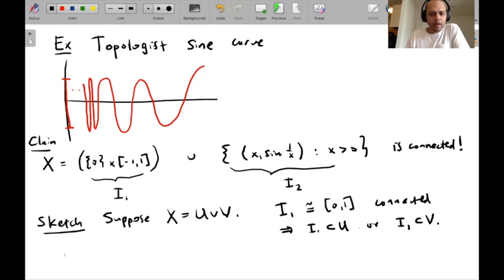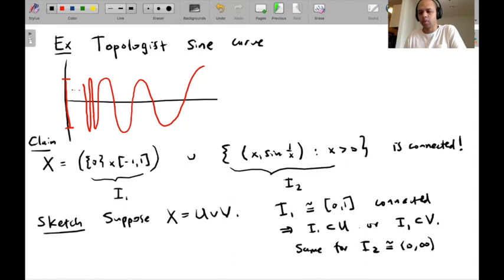But the same is true for I2. I2 is topologically equivalent to the open interval here, which is connected. It's topologically equivalent to R. So it's also either in U or V. But here's the point.